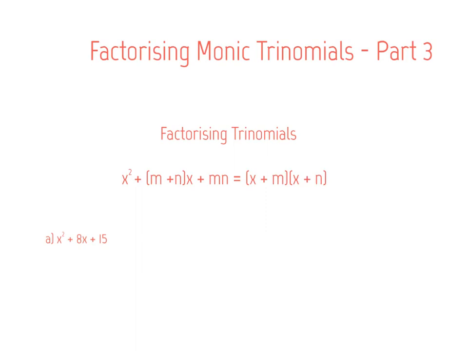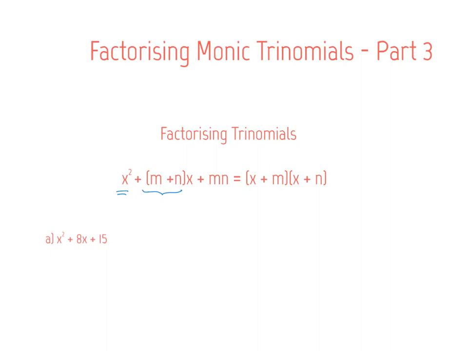Hey everyone, in this video we will have a look at factorising monic trinomials. This is part 3. When we're factorising monic trinomials, we have x squared, and in front of the x we usually have a single digit, but we can obtain that single digit by adding two factors, m and n.